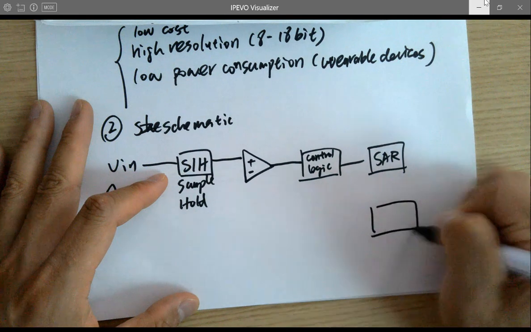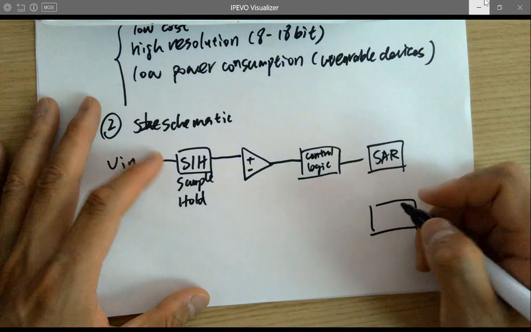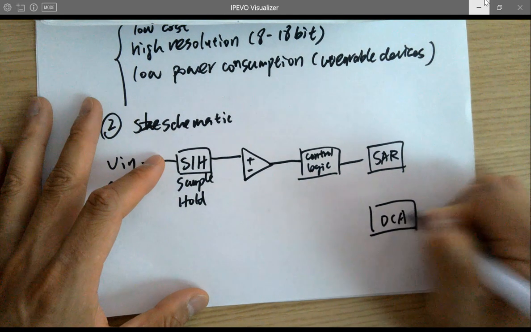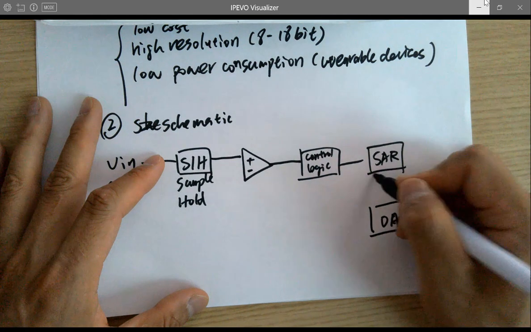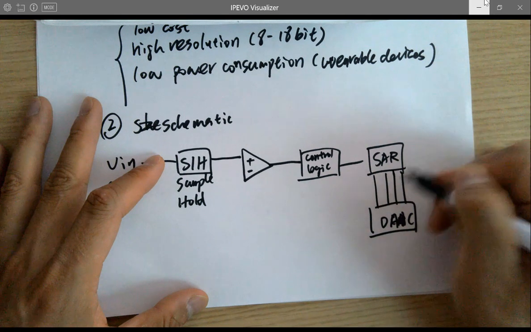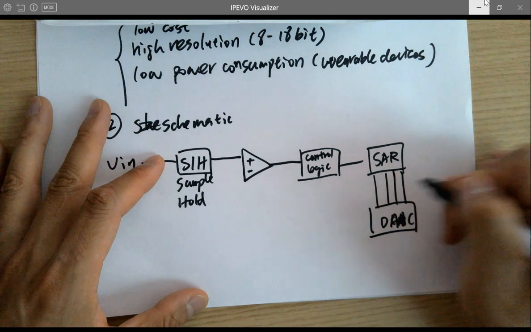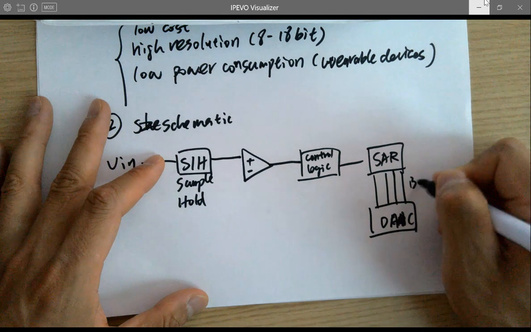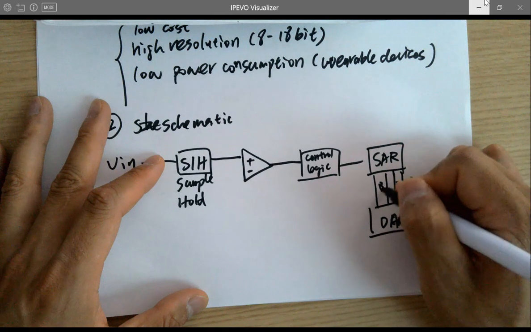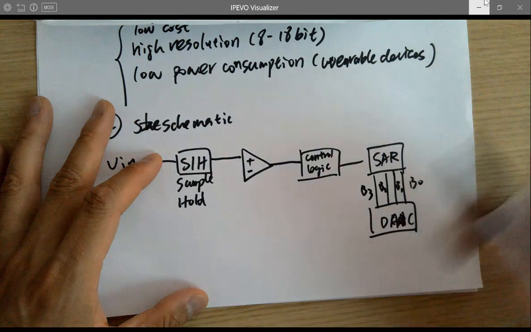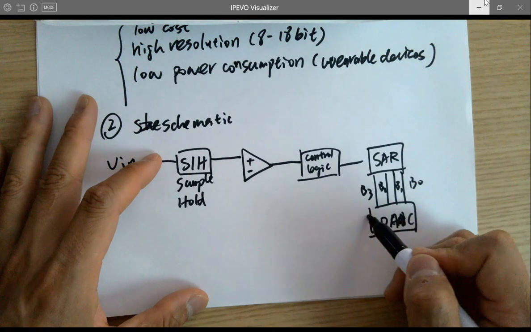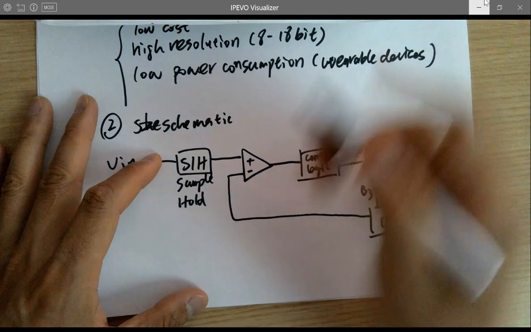And then you need the R-2R DAC or C-2C DAC, just a DAC. If this is 4-bit, then the SAR is going to feed 4 digital lines to the DAC, B0, B1, B2, B3. And the DAC outputs the analog signal and feeds it back into the comparator.